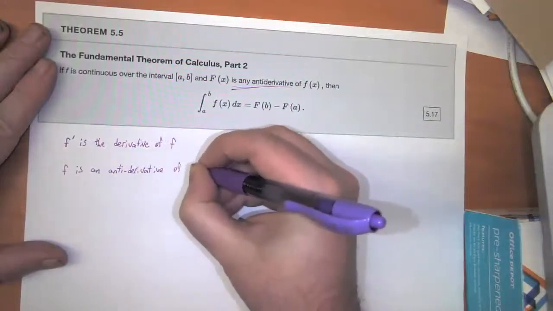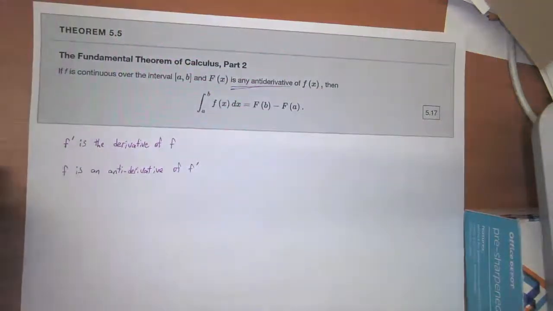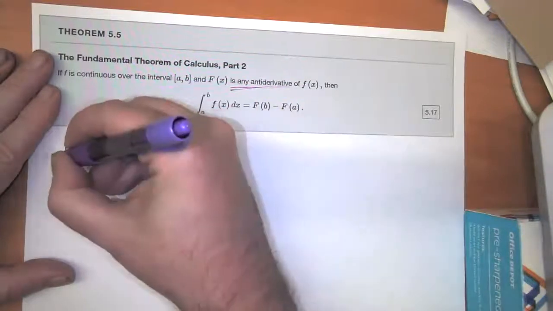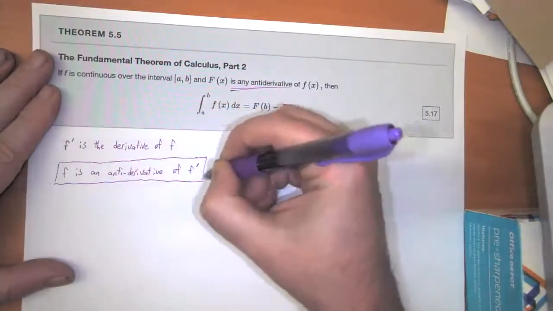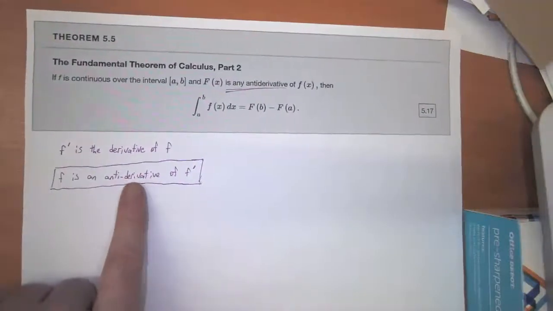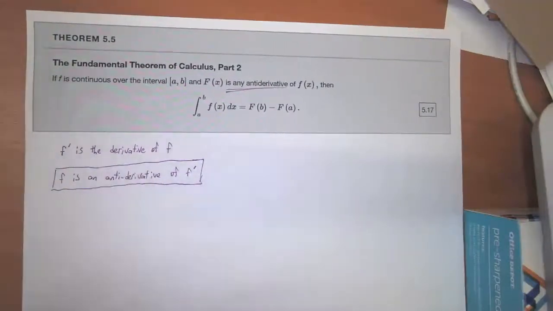Okay, this is something that is really, really important. I want you to write this down in your notes in the corner so that you can refer back to it later.